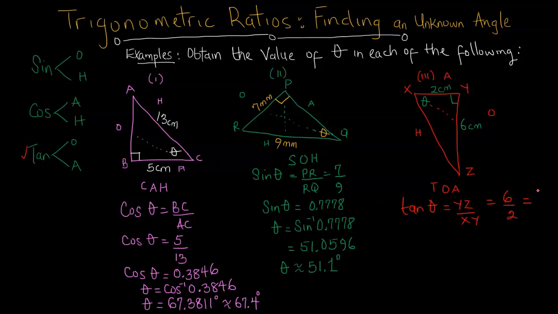Thus, we see that tan theta is 4. So if tan theta is 4, theta is going to be the inverse tan of 4, and this is equal to 71.5651. Approximating this correct to one decimal place is going to fetch 71.6 degrees. These are the values of theta across the first, second, and third examples.